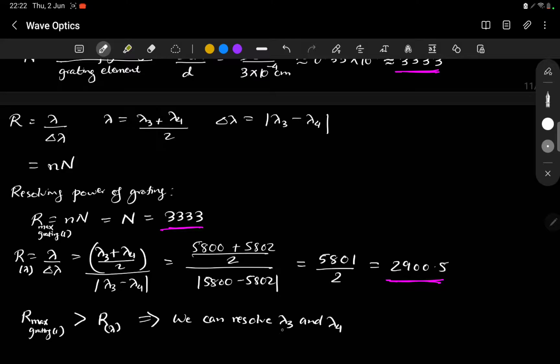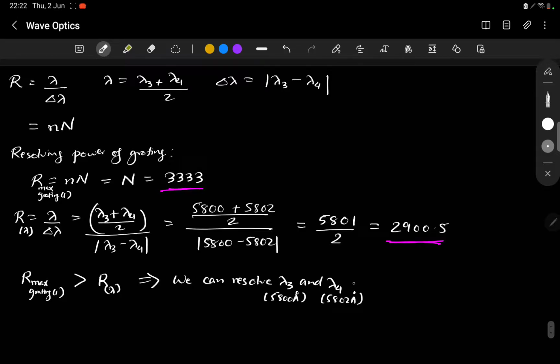So lambda 3 is given to us as 5800 angstroms and lambda 4 is 5802 angstroms. So we can resolve lambda 3 and lambda 4 using the grating in the first order spectrum.